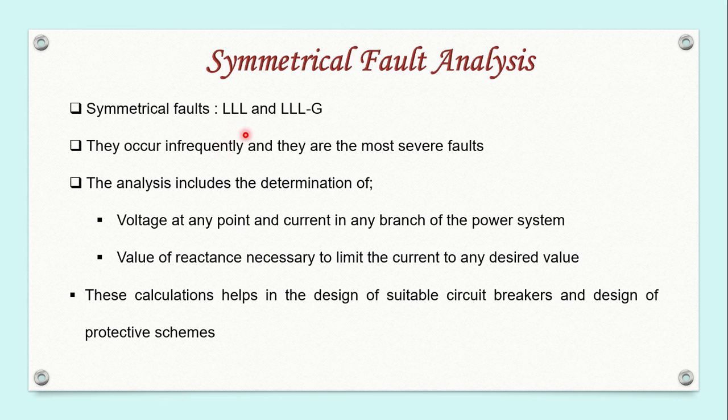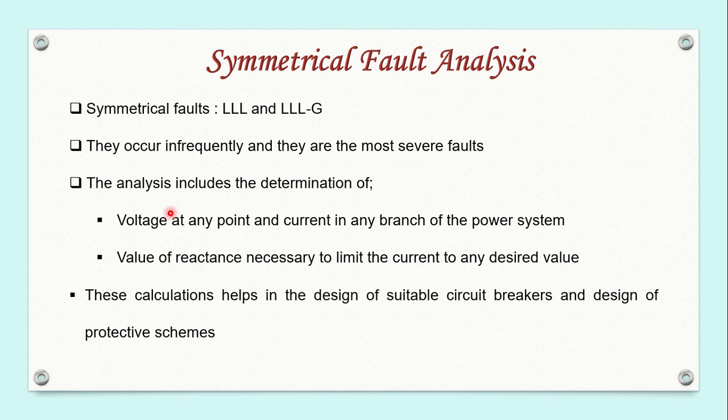So we have to reduce that current for the safety of the power system network. So we should also be able to calculate the value of current limiting reactors to limit the current to any desired value. And these calculations help in the design of suitable circuit breakers and protective schemes.